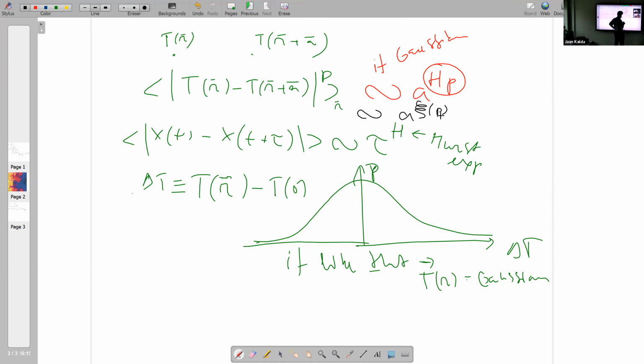But the exponent is no longer a linear function of p, it is a non-linear function in the general case.